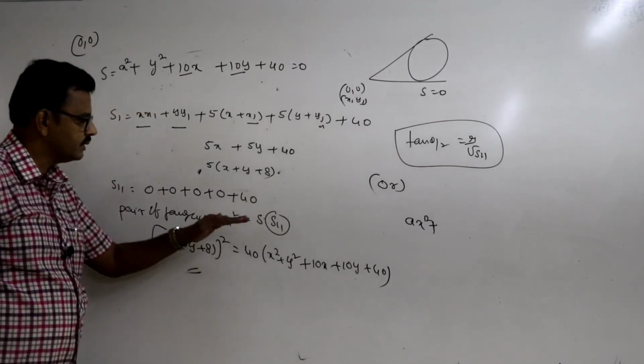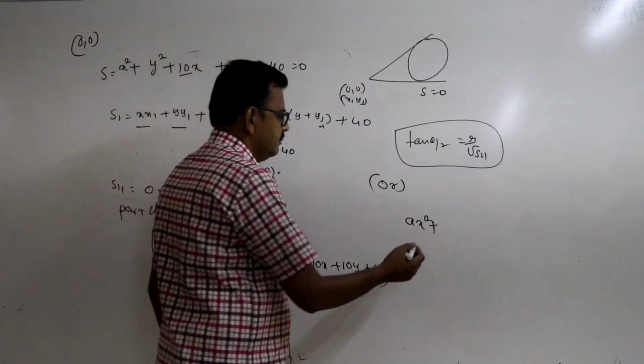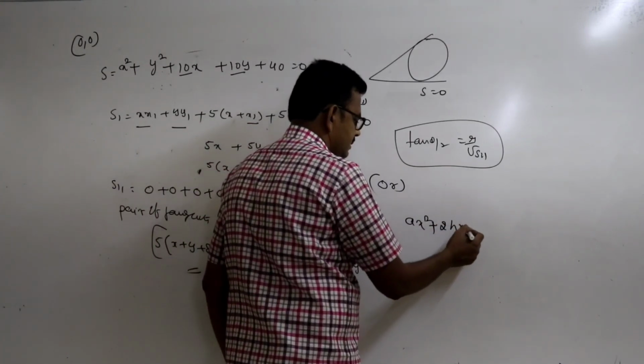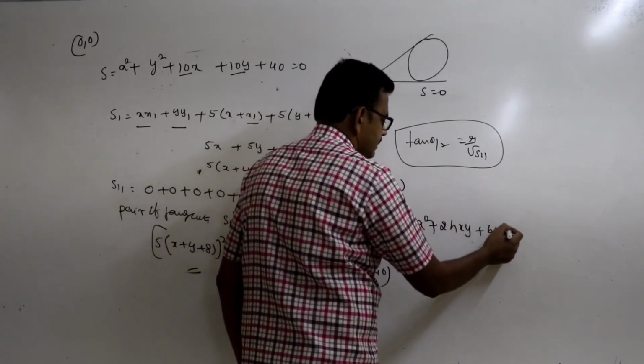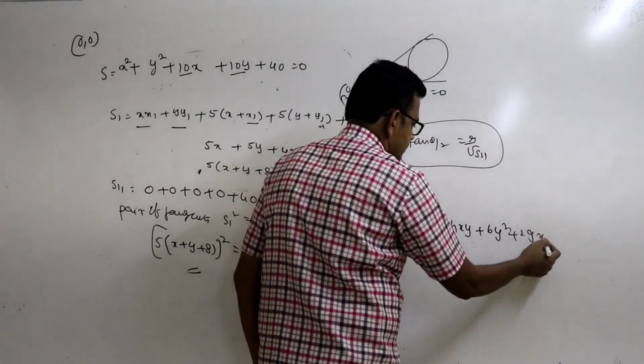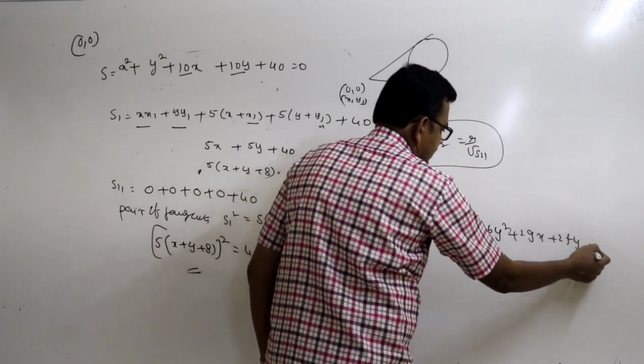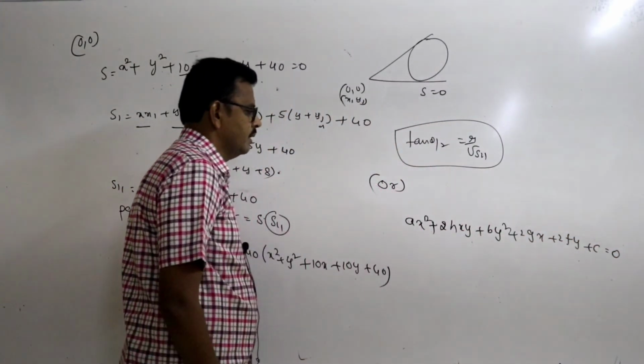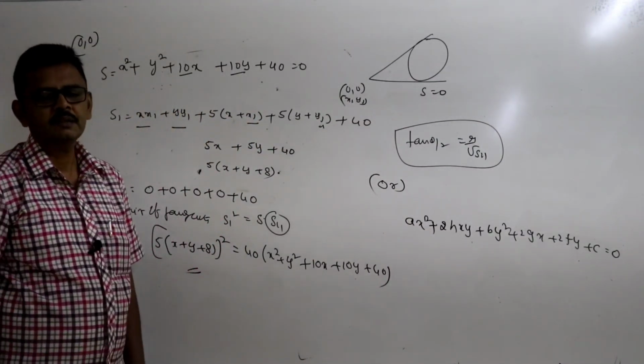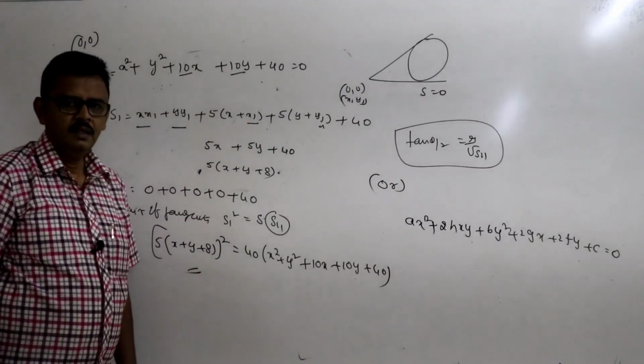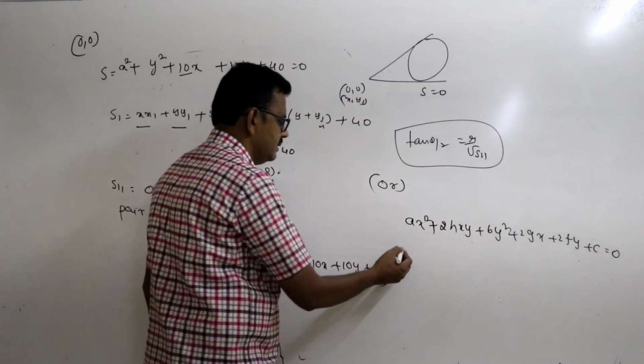After simplification, you get the form ax square plus 2hxy plus by square plus 2gx plus 2fy plus c equal to 0. And how do we find the angle between a pair of lines? By using cos theta or tan theta.